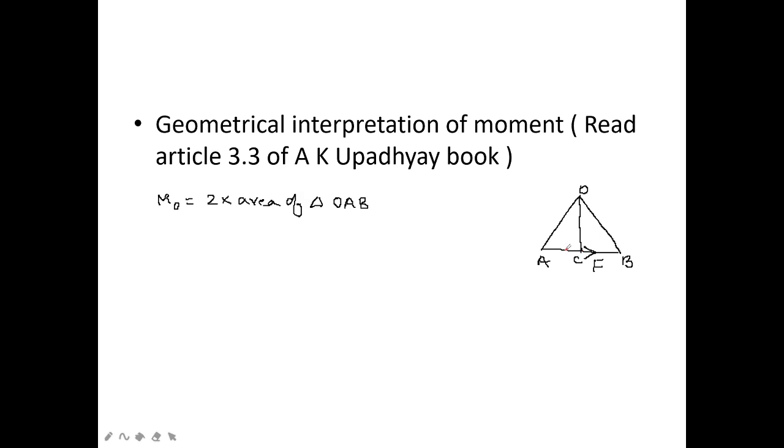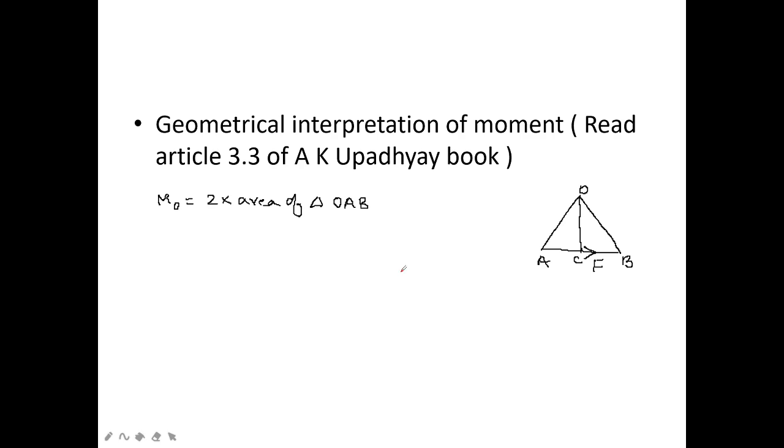Suppose a force F is represented by the line AB in magnitude, and I want to find out the moment of this force F about point O. What I will do, I will complete the triangle OAB by taking the line AB as the base. Then the moment of F about O is given by 2 into the area of this triangle OAB.